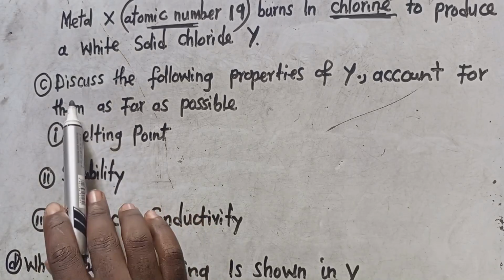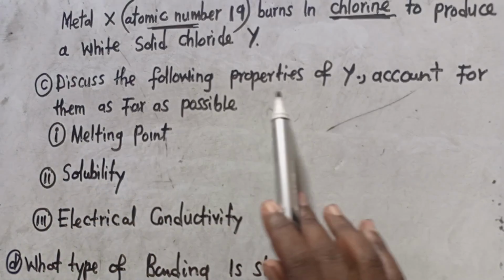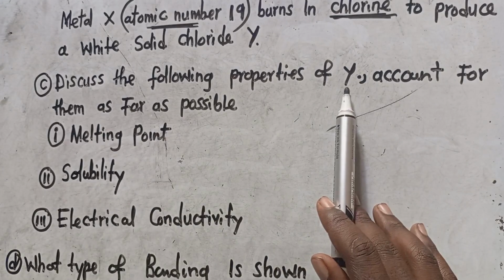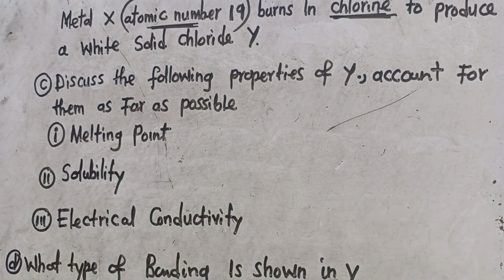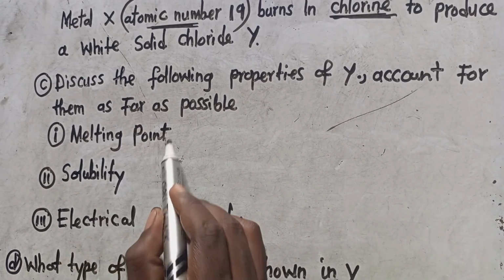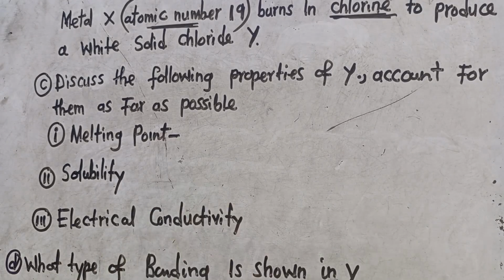So C is saying, discuss the following properties of Y, account for them as far as possible. So this is a question that we are given. This is to tell you that in terms of melting point, what can you say about this white solid chloride formed?